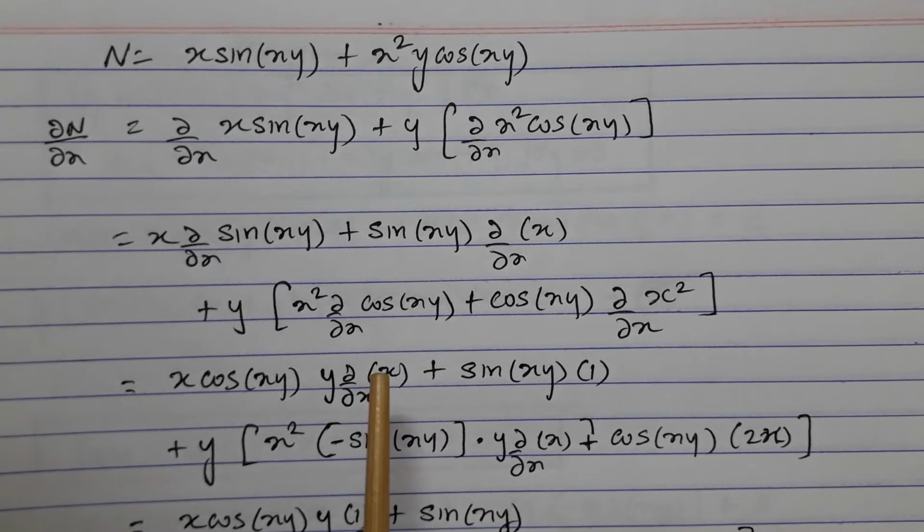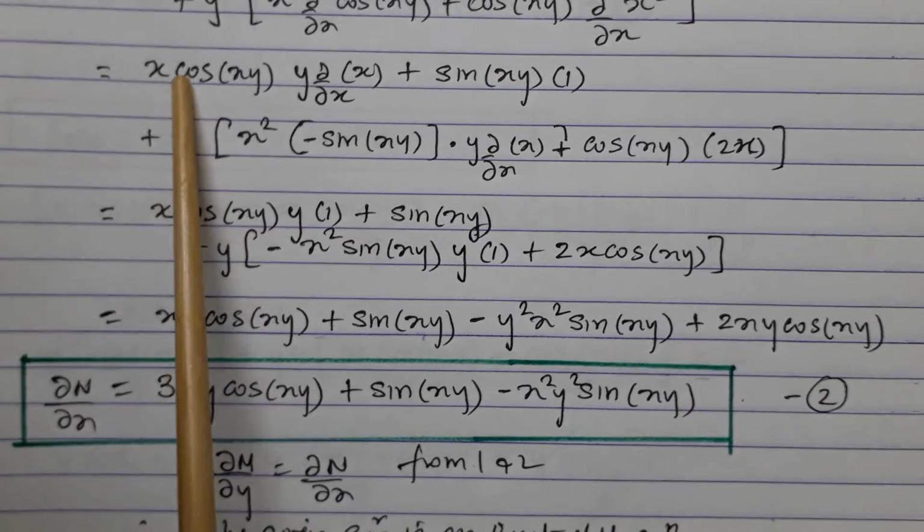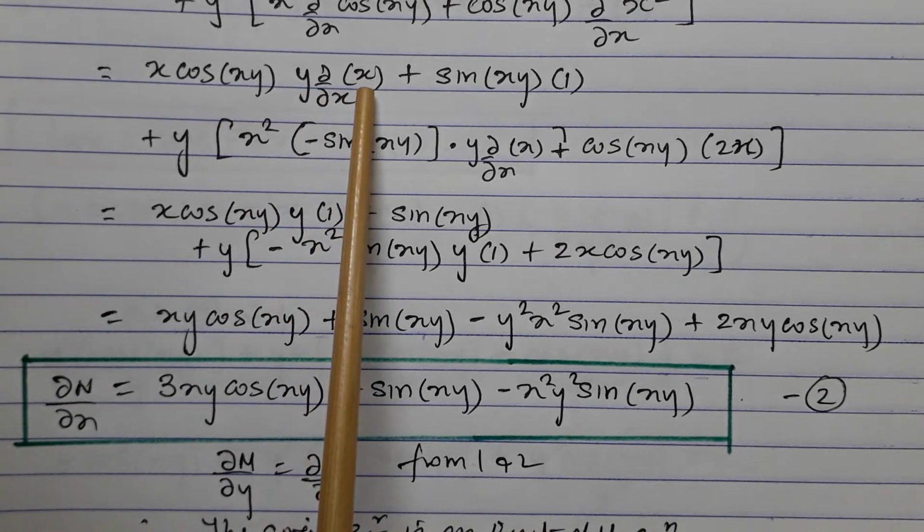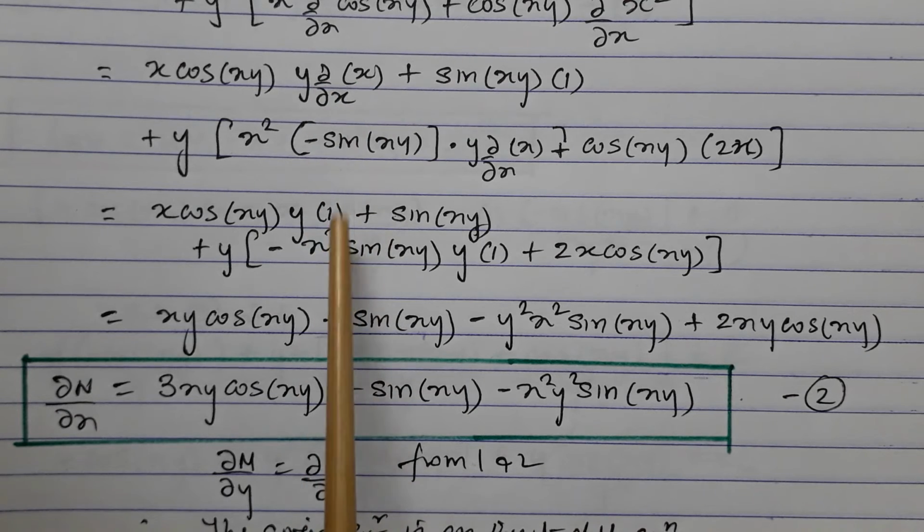So we can write this as x cos xy into y del by del x of y, x del by del x of x is 1.